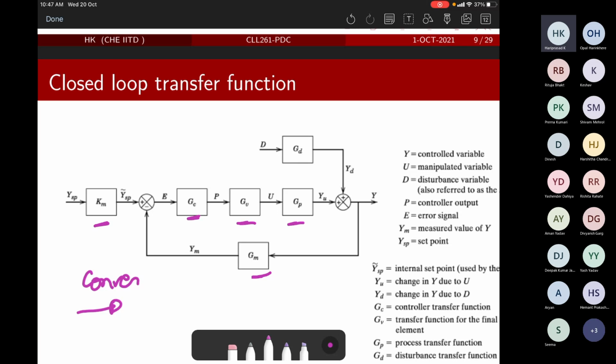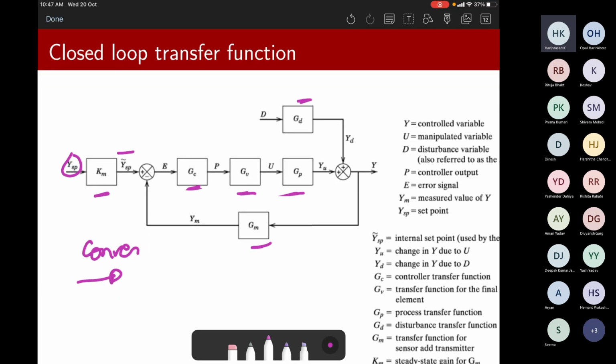This is the transformation from physical variable to the electrical variable of the set point, and GD is the transfer function corresponding to the uncertainty. Both of them have to be added. Now what is the problem? Now your aim is to make Y, which is the output, equal to YSP, which is the set point.